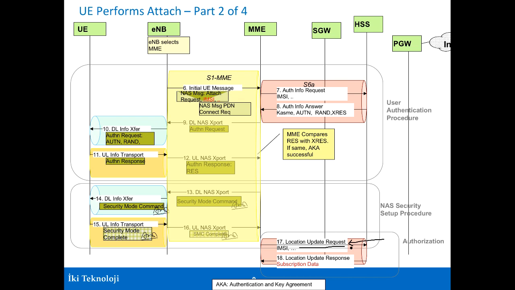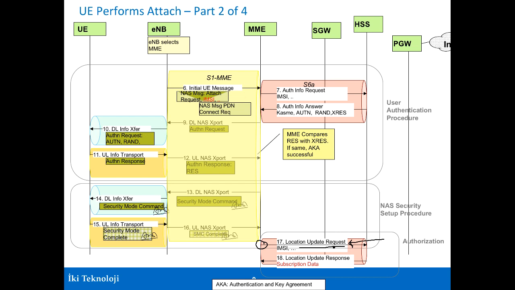And also the other part of this location update request is to tell this HSS, this subscription subsystem, that this is the MME which is serving this mobile, and this information is actually used a little bit later.